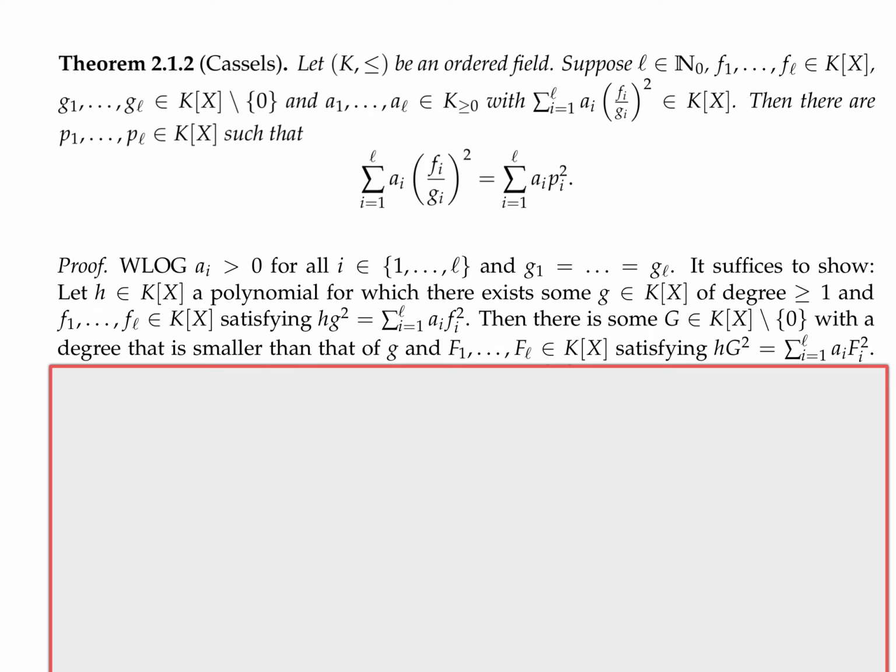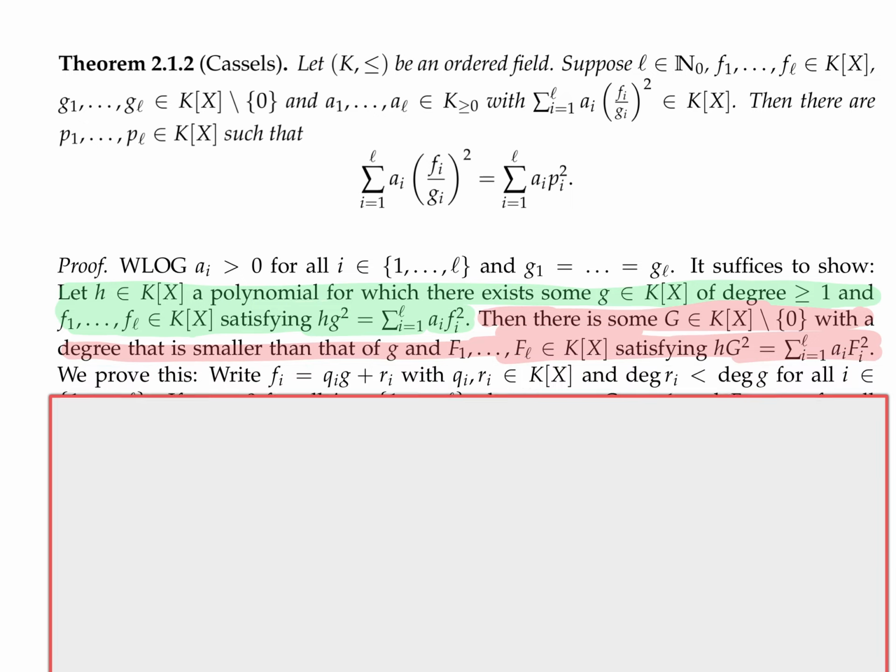Maybe we should color it a bit. So that's now our hypothesis here, and what we have to show is the red thing here. And then we are done. So we prove this. Now I cannot explain really the idea behind this proof. It's ingenious. So the first idea roughly is that you do a division with remainder.